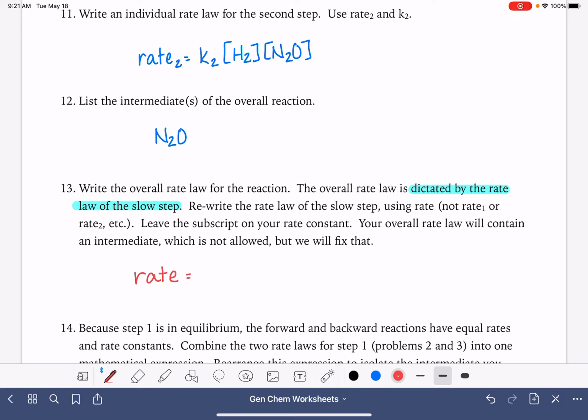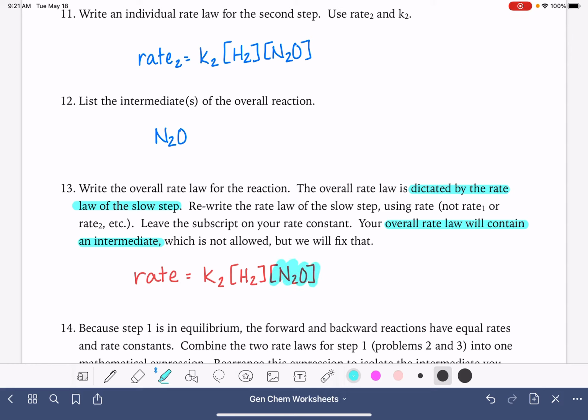And we are going to say rate equals K, we're going to keep the 2 on there, H2, N2O. Now we've got a problem that our overall rate law contains an intermediate right here.